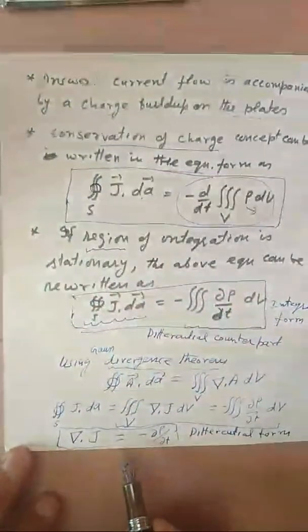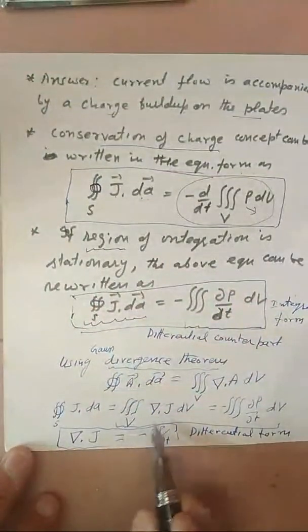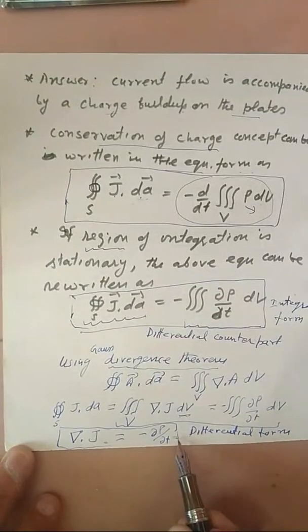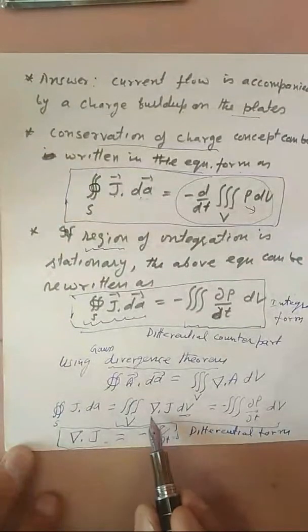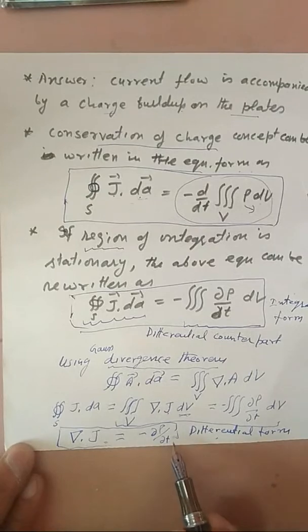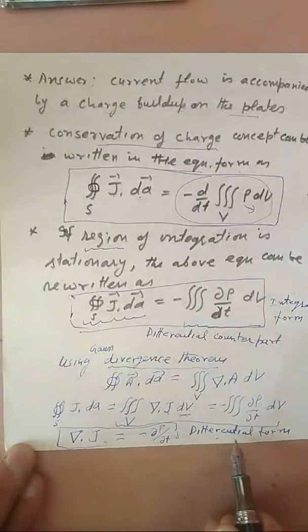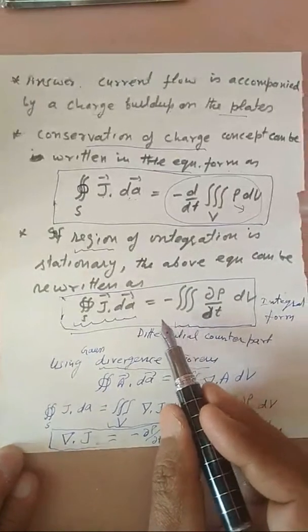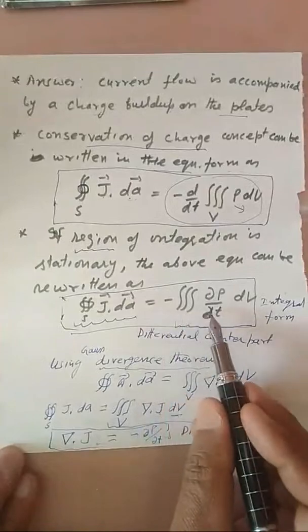Because the volume integration on both sides is the same, it gets cancelled, and we are left with only the divergence of J equal to minus curly rho by curly t. This is also the equation of continuity, in differential form, and the earlier one is in integral form.